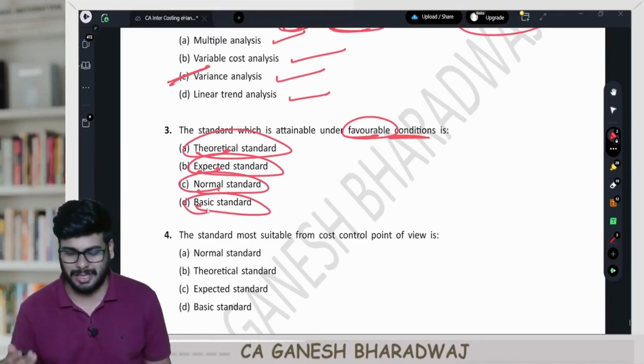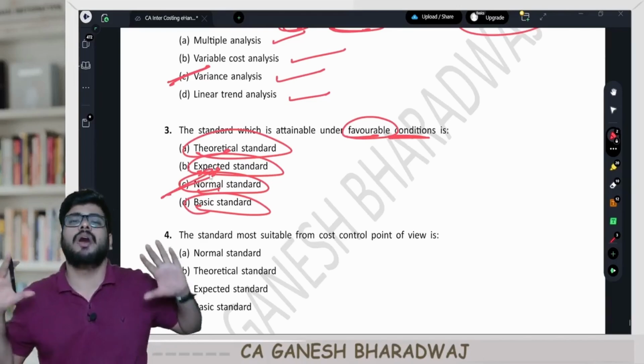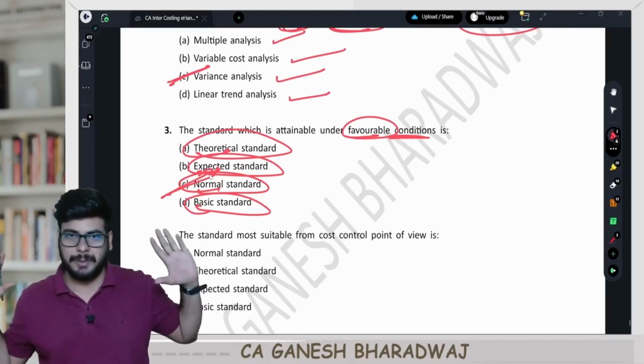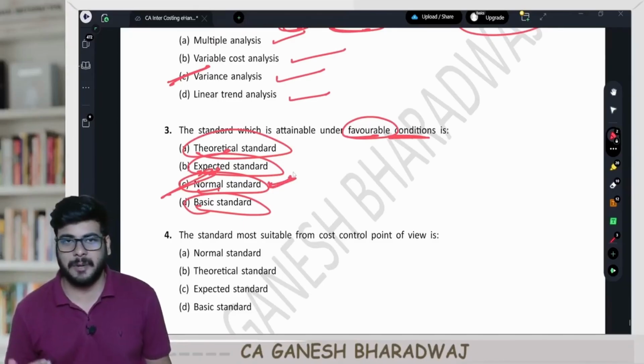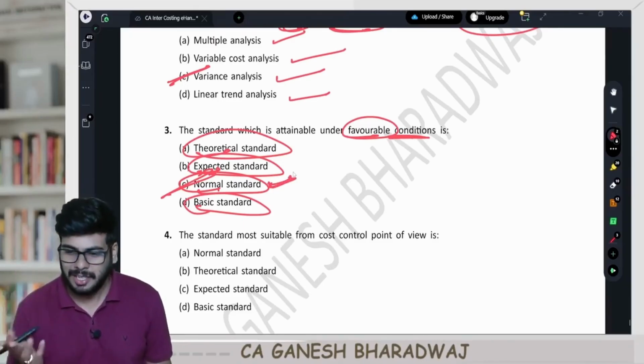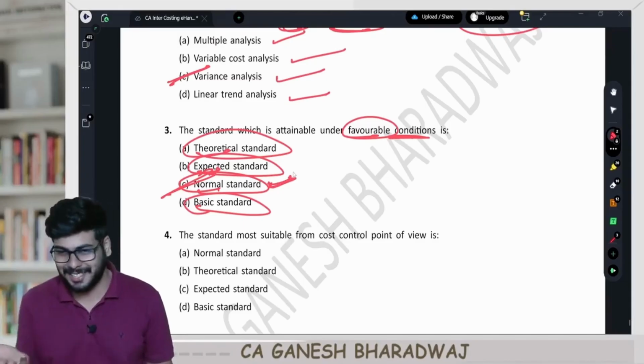What is this? They have just given all these things for the heck of it. It's obviously the normal standard, correct? At the normal standard conditions, what are the things that you will generally be having? That is called normal standard. This is like saying special dosa, special sada dosa. Like that, they are giving some options just for the sake of it. How can there be a special sada dosa? Anyways, it's a normal standard.